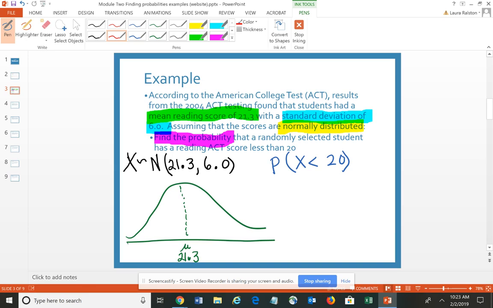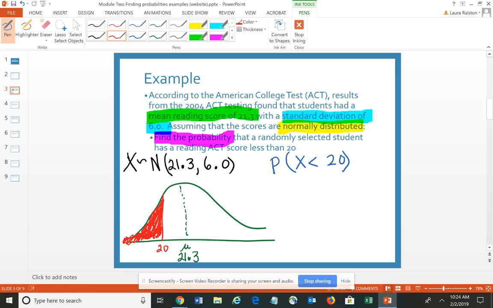Well, 20 is less than 21.3, so 20 is somewhere to the left of the mean, and we want the values less than that. Remember, in the normal distribution, the area under the curve corresponds to the probability. So I need to find this area, and since we're not doing calculus, we're going to rely on the technology to do that.